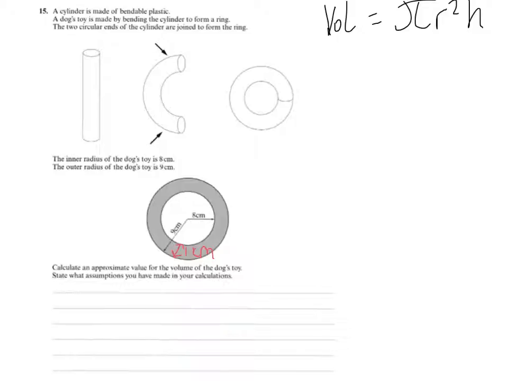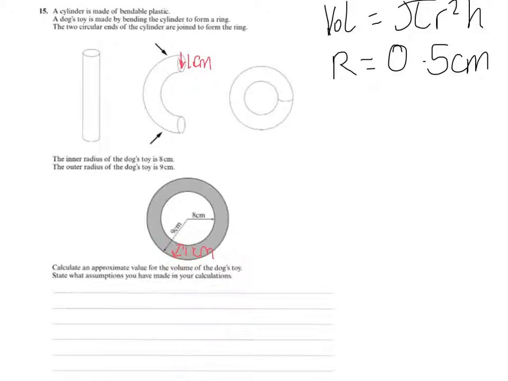That means then that the diameter of the circle at the top is 1 centimetre. So if the diameter is 1 centimetre, that must mean that the radius is equal to 0.5 centimetres. So there you just had to spot that the difference between the 8 and the 9 was 1, and the radius will be half of that.